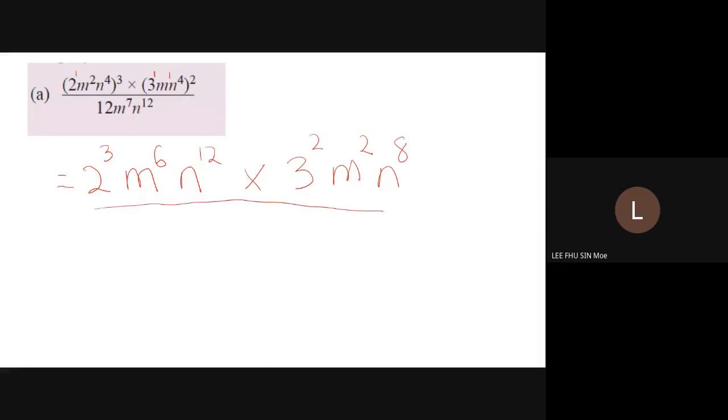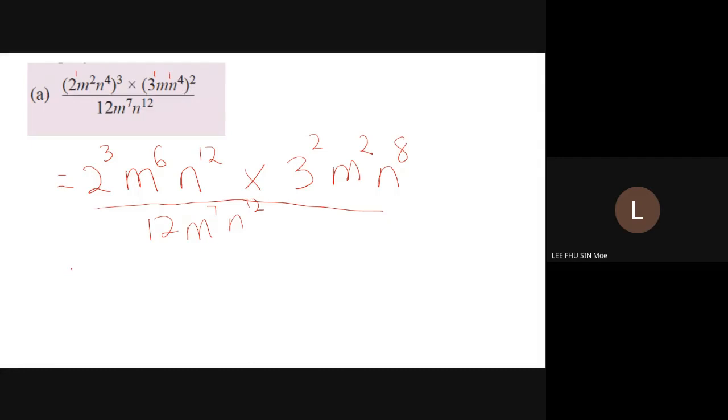You see this one, the denominator here, 12 m power 7, n power 12. This one is standing alone, by itself. So you don't need to multiply with 4 or with 3 or with 2. You just copy down 12. Okay, this is the first step. Later on we try to simplify.